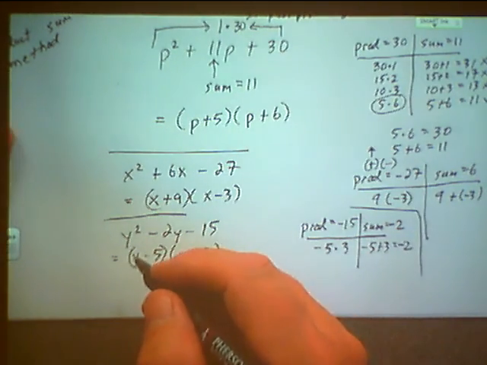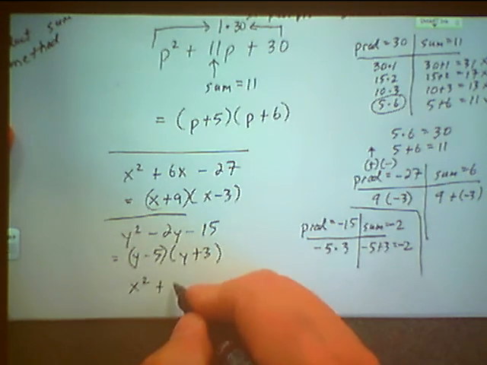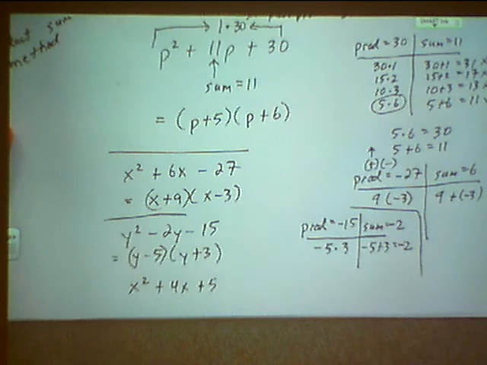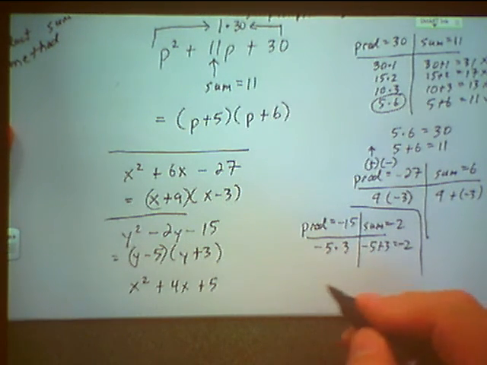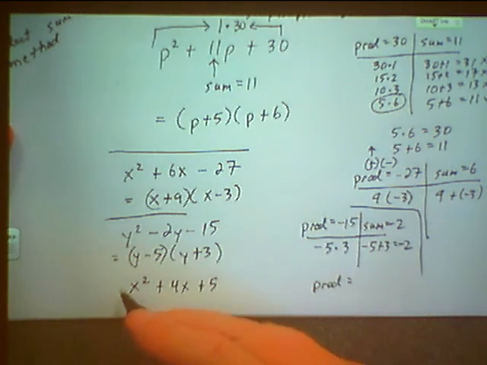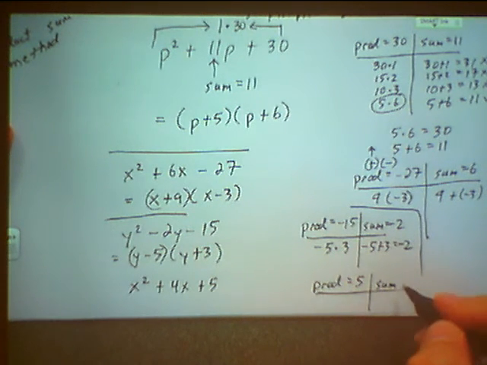How about if I were to try and factor x squared plus 4x plus 5. All right? So my product would be 1 times 5 is 5. My sum would be 4.